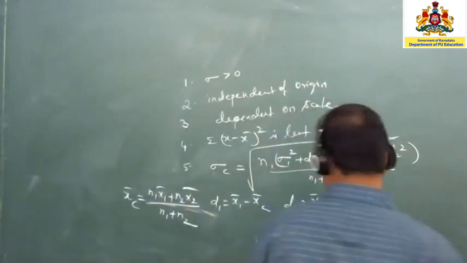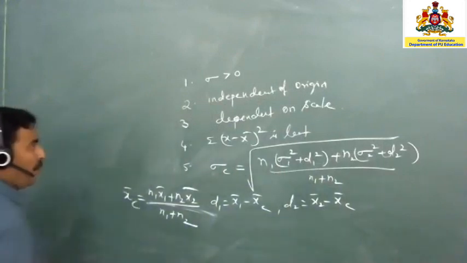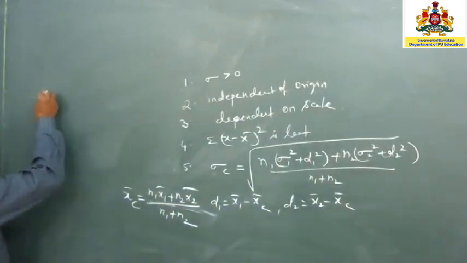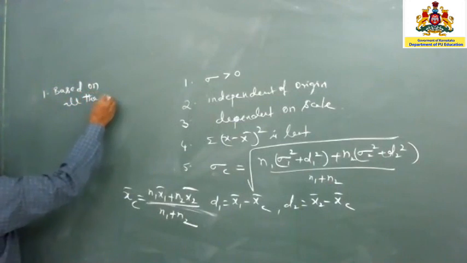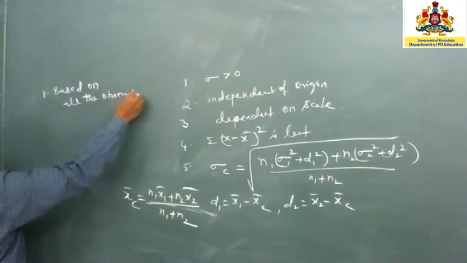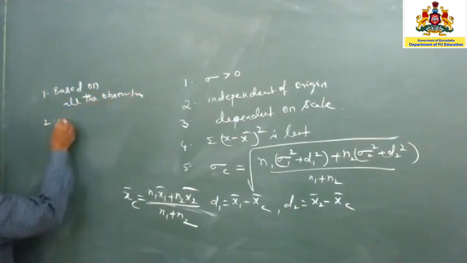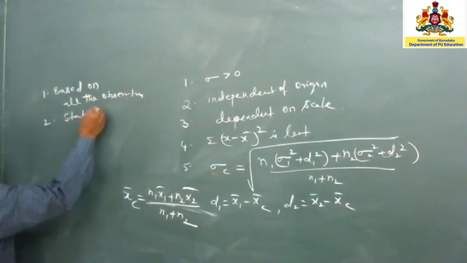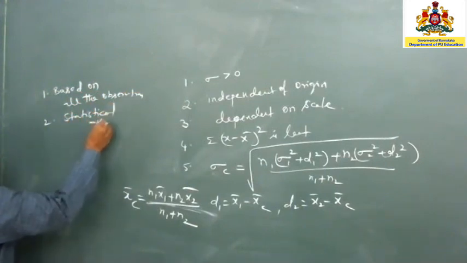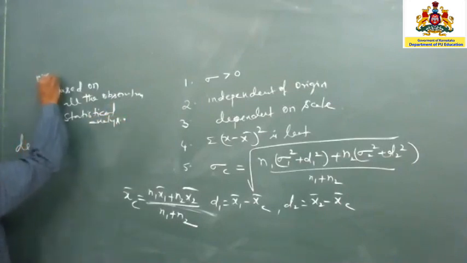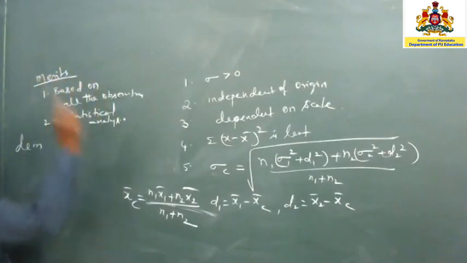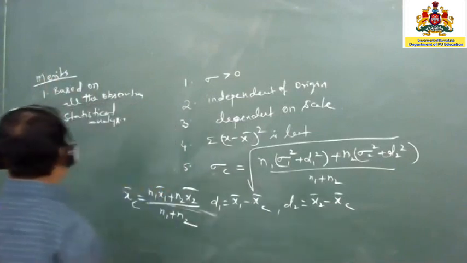Then what are the merits and demerits? Mainly, merits are: it is based on all the observations, so it considers all the observations in calculation.